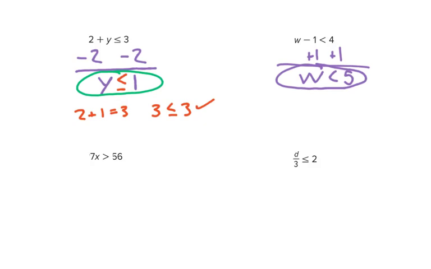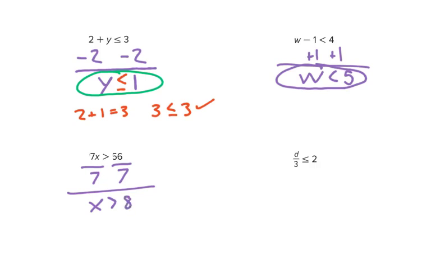Now we have multiplication. 7 times some number has to be greater than 56. So we're going to solve this by dividing both sides of the inequality by 7. And when we do that, we're left with x is greater than 8, because 56 divided by 7 is 8.